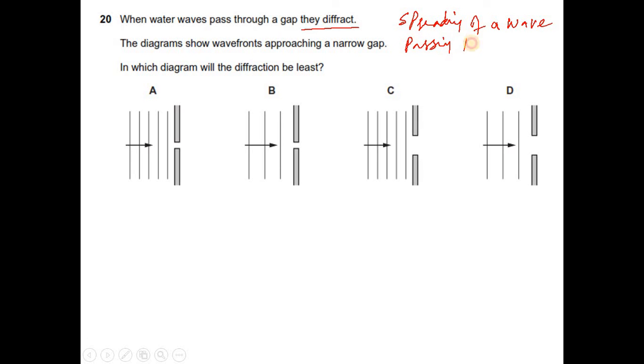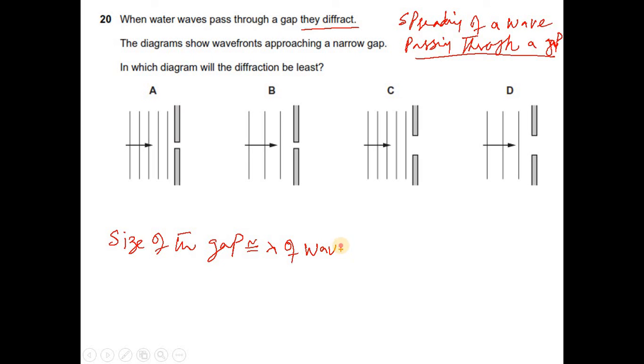If the size of the gap is equal or approximately equal to the wavelength of the wave, lambda, then it will diffract more. So diffraction will be maximum.